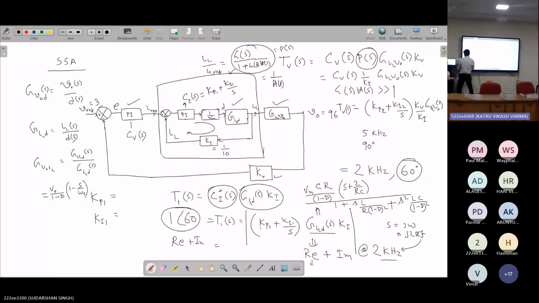And in the denominator, we have Vin C R divided by 1 minus D, into s plus 2 by RC.